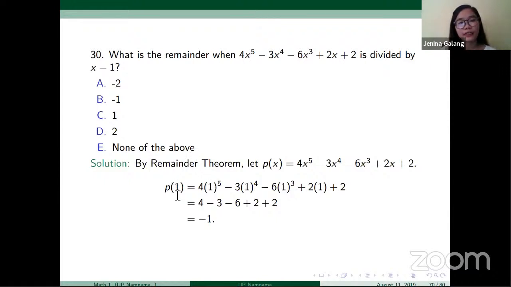So, p of 1. Substitute natin yung value ng c. Sa video lecture natin is x minus c. So, substitute natin yung 1 dito sa p of x. So, we have p of 1 equals this. So, evaluate natin tong numbers na to. We will have negative 1. So, by remainder theorem, the remainder of this when divided by x minus 1 is negative 1.